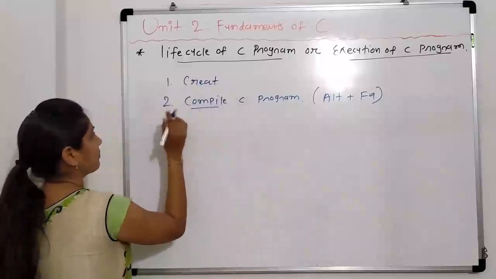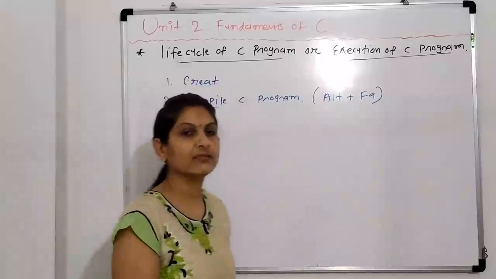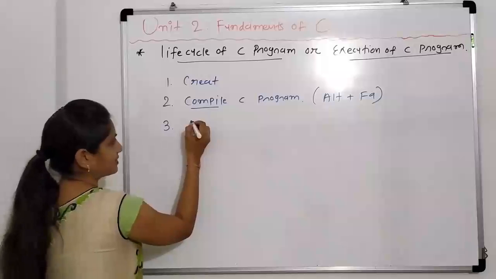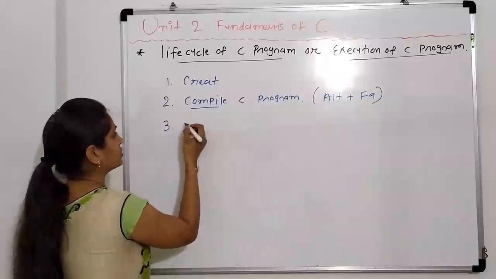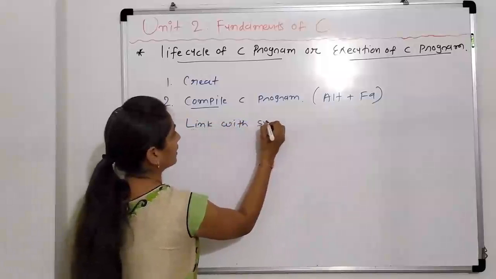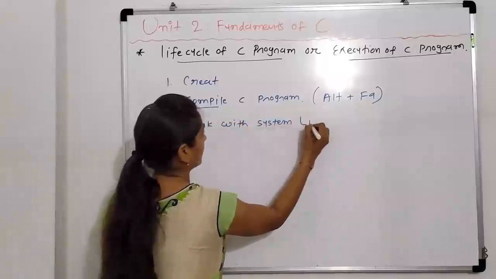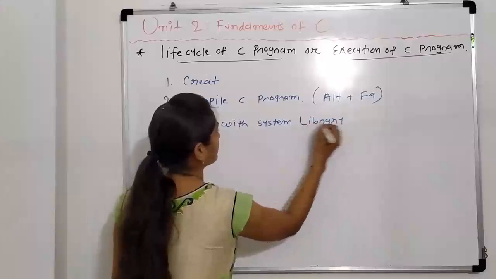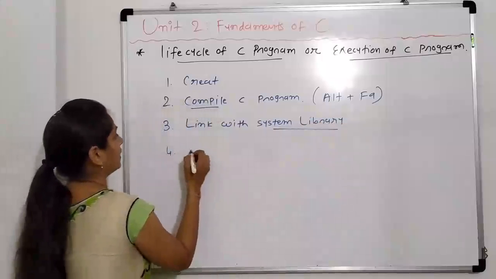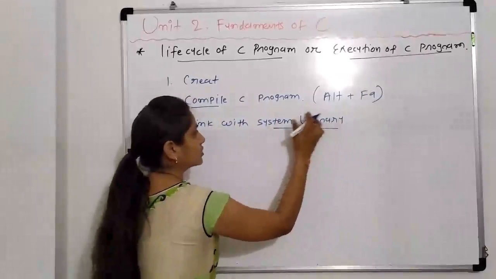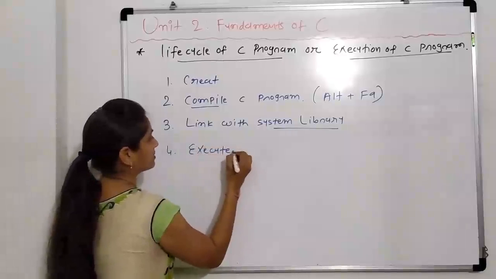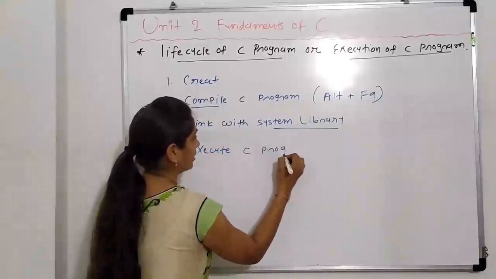Third step is, suppose there is no error in our program, then we have to execute. Before execution, we have to link with our system library, and our library is nothing but our header files. And the last step is, after linking with the functions in our library, execute our C program.